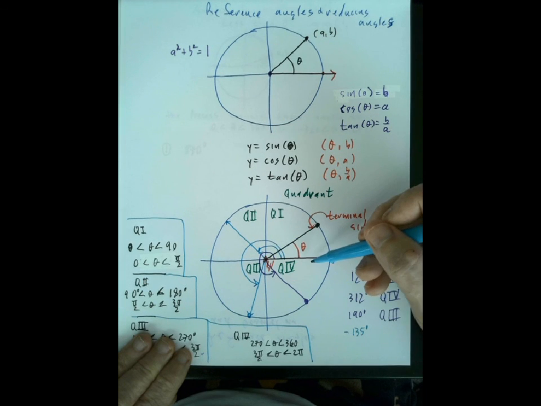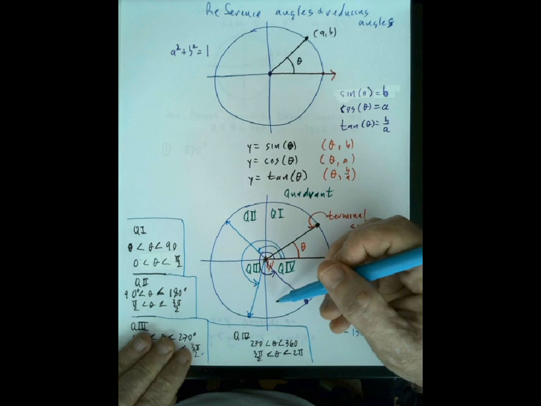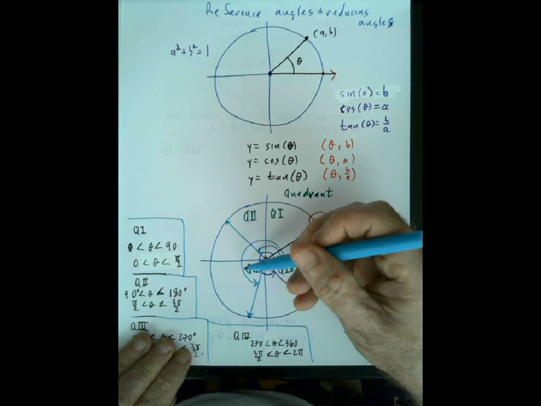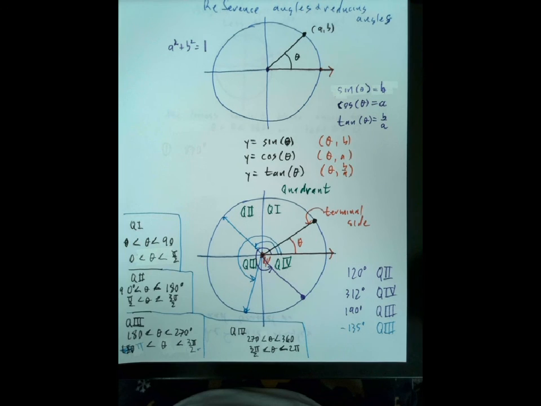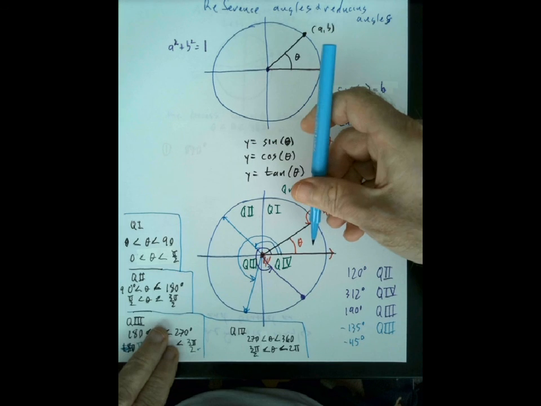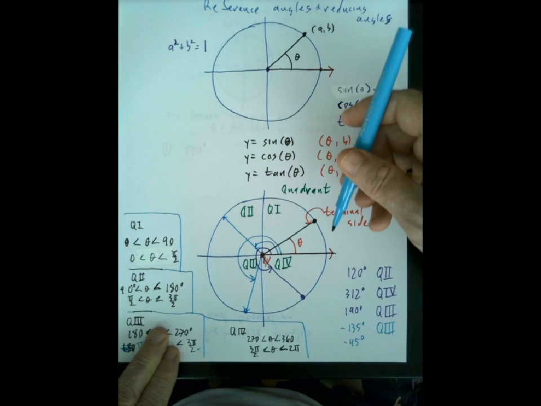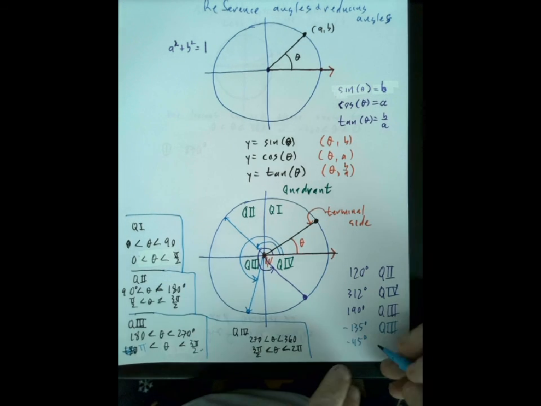So negative 135 would wind 135 degrees backwards, and you can see that it is in Q3. What about negative 45? Positive 45 would be 45 up, negative 45 would be 45 down, so negative 45 is in Q4.